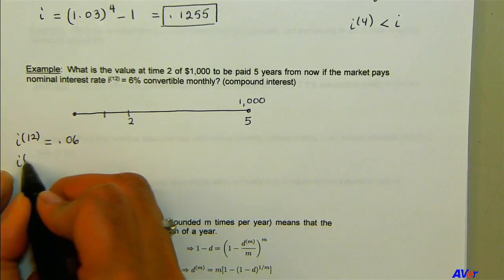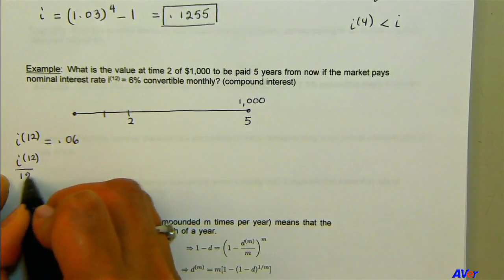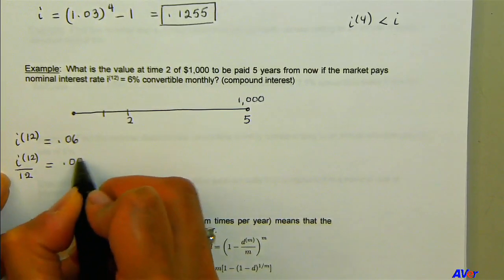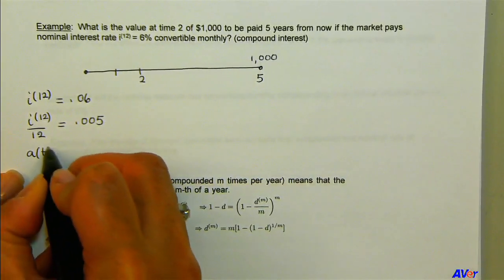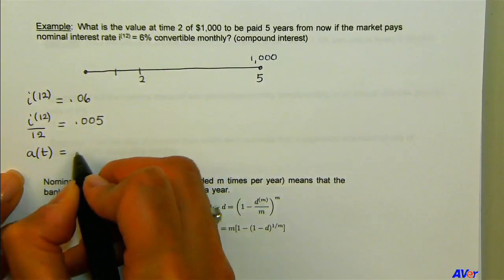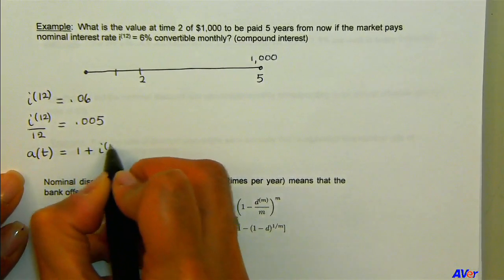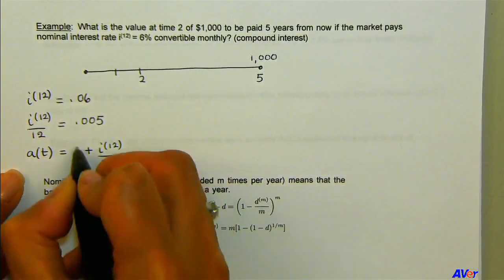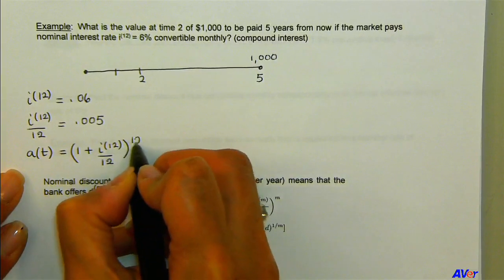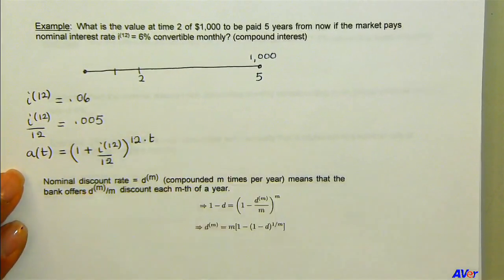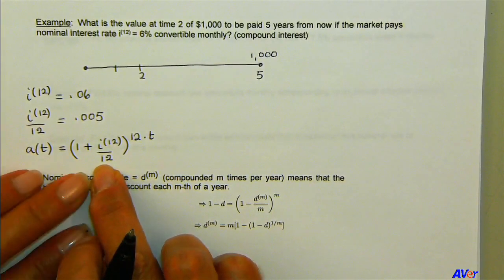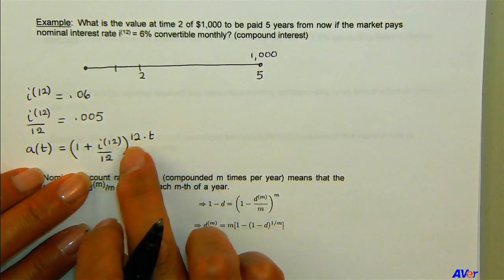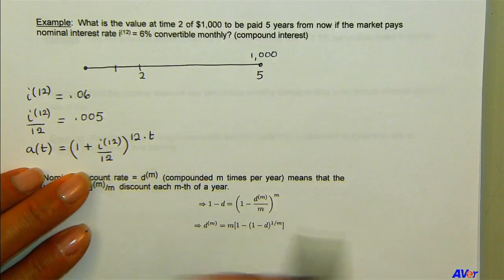So i^(12) over 12 equals 0.005. What is my A of t function? Compound interest, right? A of t is (1 plus i^(12) over 12) to the 12 times t, because this little monthly rate should be compounded the number of years times 12, because it's happening 12 times per year, right?